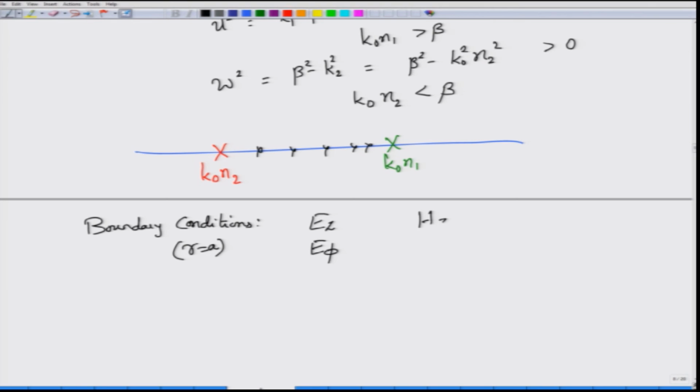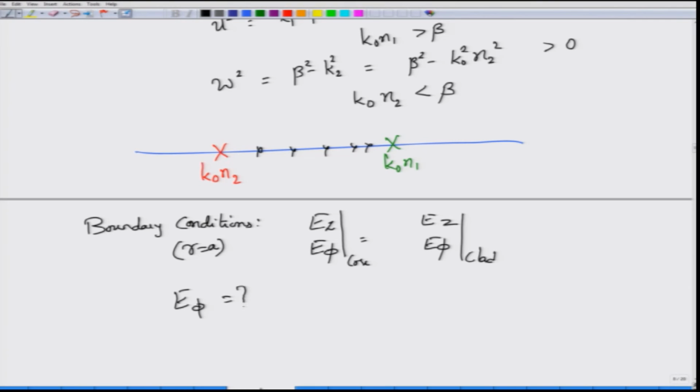Similarly, you have the tangential components Hz and H phi for the magnetic fields, and all you are saying is that the values of Ez and E phi in the core must be equal to Ez and E phi in the clad. I already have Ez, but then it is your job to find out E phi.